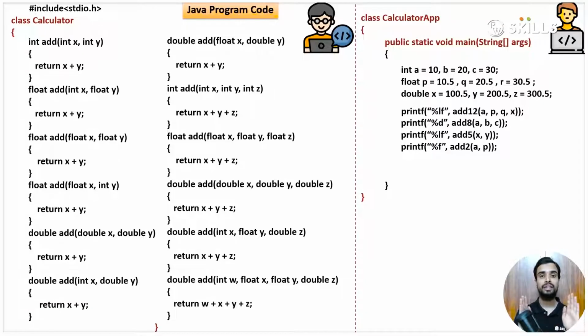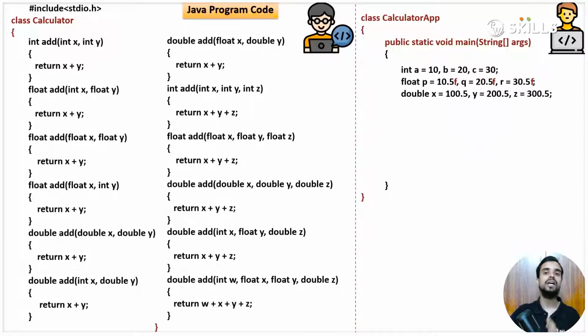And we know there is a rule in Java that every single real number by default is going to be treated as double type. But if you're willing to store it within your float type of variables, then compulsorily the suffix f must be attached, like this. Next, what, sir? Of course, we know in Java, we can't simply use the printf statements like this. This is also something that must be discarded.